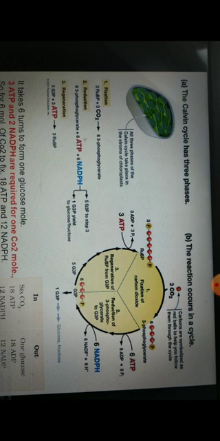They are used here to form 6 molecules of glyceraldehyde 3-phosphate, and 1 molecule of glyceraldehyde 3-phosphate is used for the synthesis of glucose or fructose. The remaining 5 are used for the regeneration of RuBP. So this is how the cycle completes.